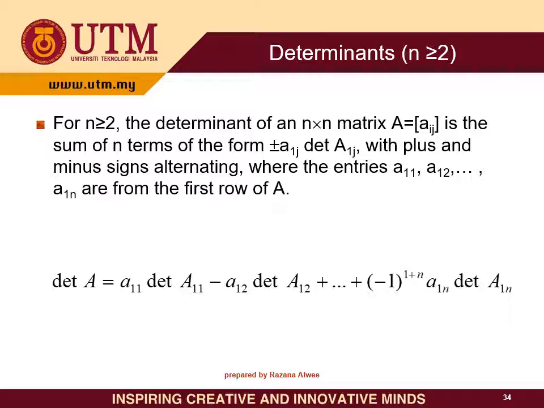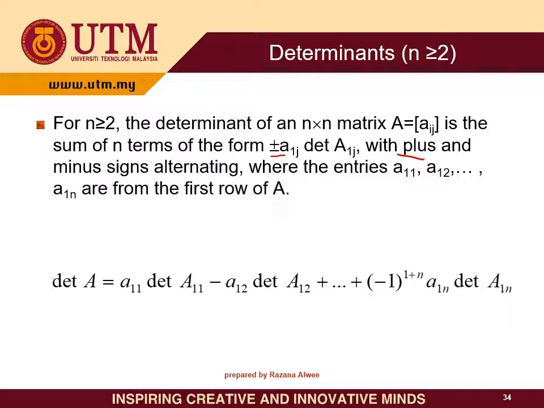For n more than or equal to 2, the determinant of this type of matrix, let's say 2 by 2, 3 by 3, 4 by 4 matrix A, is the sum of n terms of the form plus or minus A1j times the determinant. I will explain later how to add plus and minus signs.